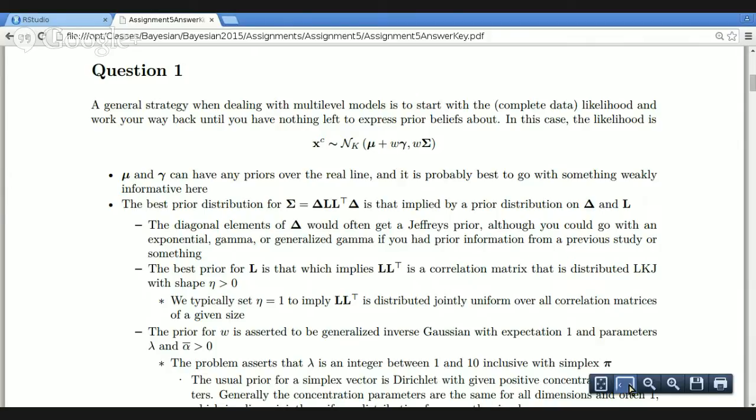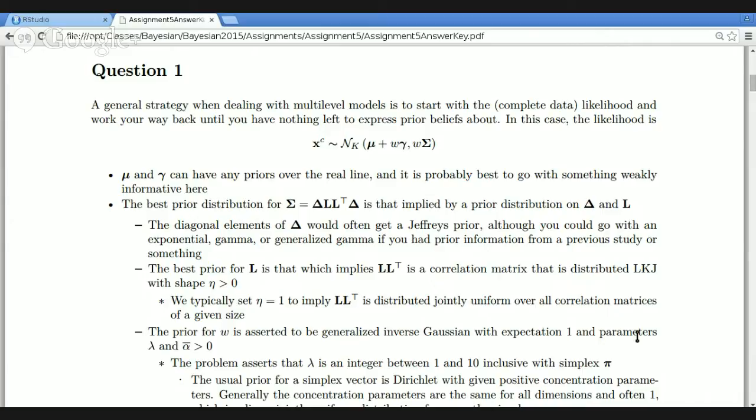that's mu and gamma. For sigma, as usual, it makes the most sense in Stan to decompose that covariance matrix into a diagonal matrix of standard deviations and a Cholesky factor for a correlation matrix. And then since sigma is deterministic, given delta and L, whatever prior beliefs you have about delta and L imply some prior distribution about sigma that doesn't have any additional error since this is identity.